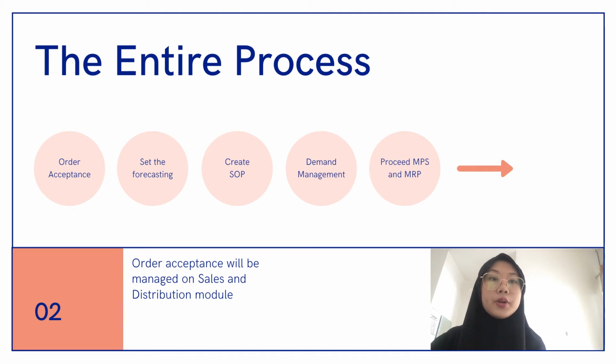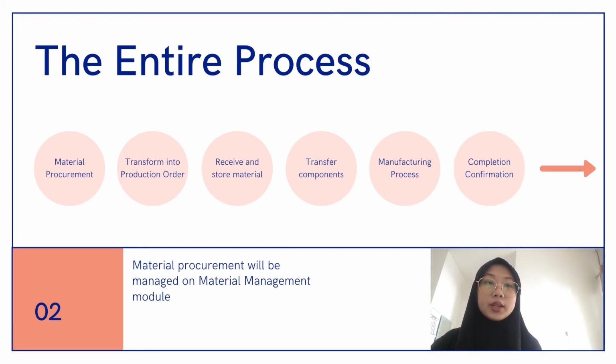And now, with the PP module, we proceed with the MPS and MRP in parallel with the schedule MRP run app. We set the scheduling based on the time we have to manufacture the product, from June to July. Then, to do the manufacturing, we need to purchase materials that aren't available in the company storage.